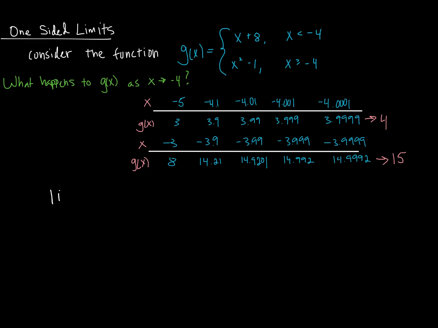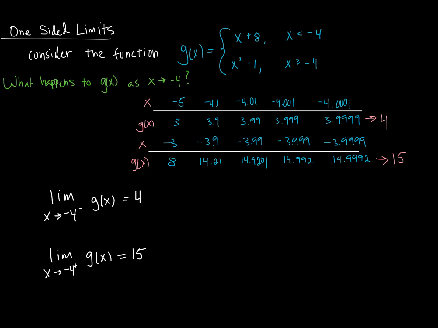We write the limit as x approaches -4 from the left-hand side of g of x is equal to 4. And if we wanted to approach from the right-hand side, we could talk about that limit as x approaches -4 from the right of g of x is equal to 15.